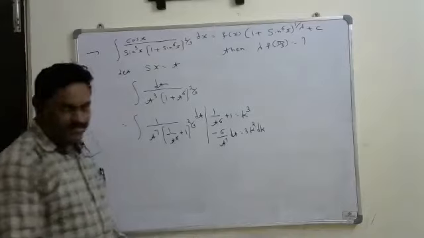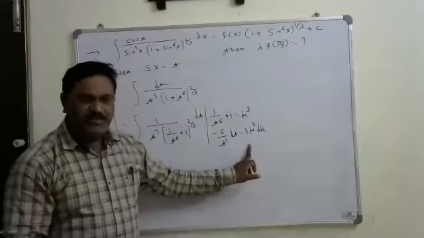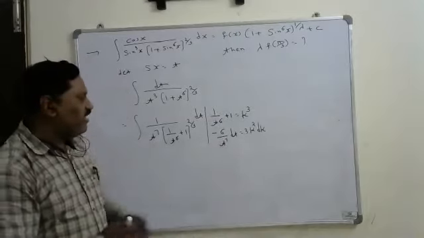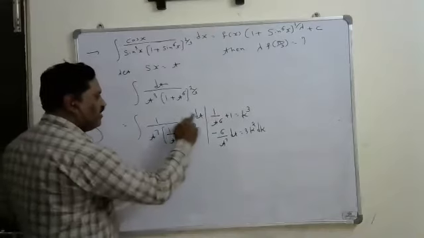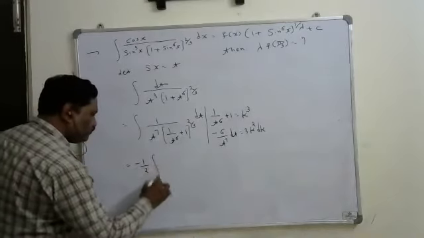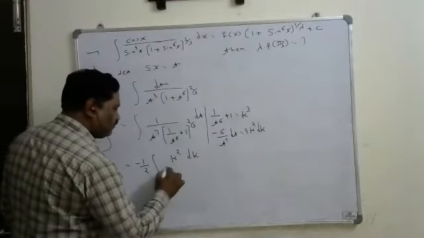Now divide by minus 6: 3 upon minus 6 means minus 1 by 2. So k square dk is 1 by t power 7 dt, so 1 upon t power 7 dt becomes minus 1 by 2 k square dk.